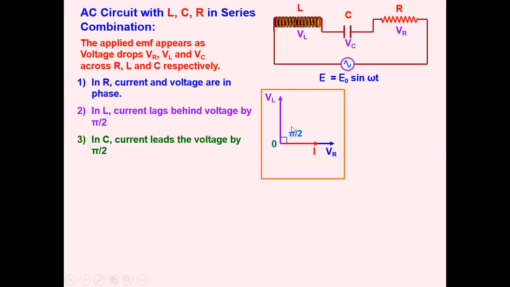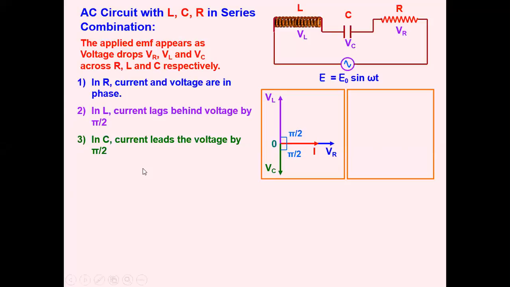So the voltage across the inductor makes an angle of pi by 2 radian with respect to the phasor of current or the voltage across the resistor. Now we check the phasor representation of the voltage across the capacitor. The voltage across the capacitor also differs by a phase difference of pi by 2, in the opposite direction. So the voltage across the inductor and the voltage across the capacitor form a straight line, anti-parallel to each other.